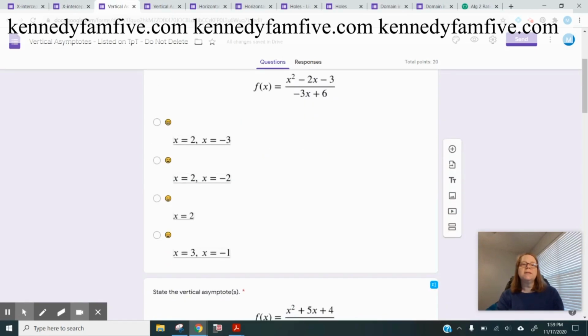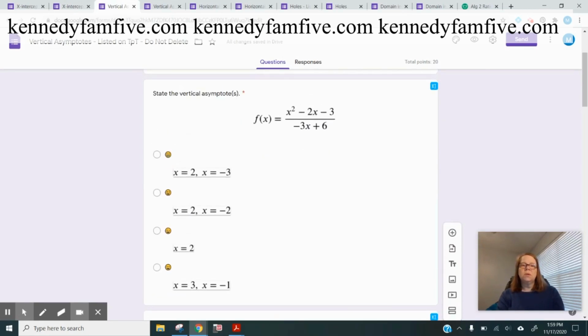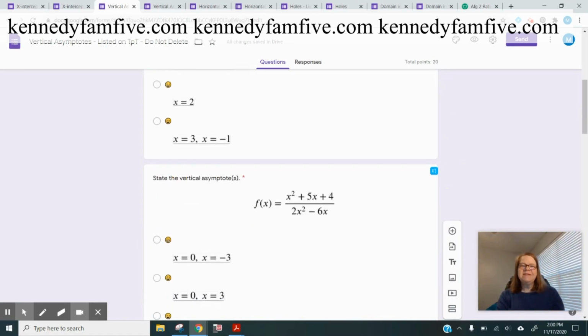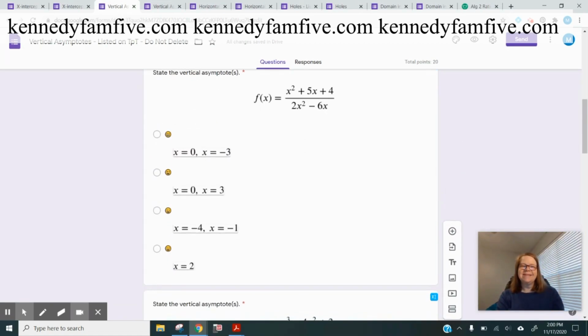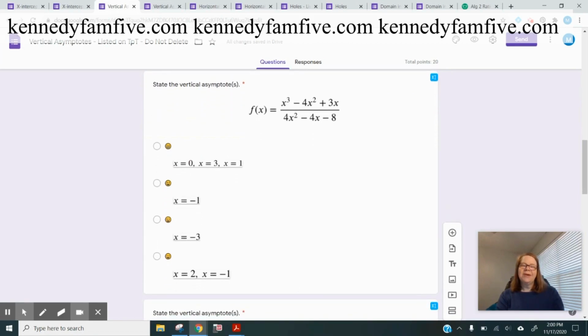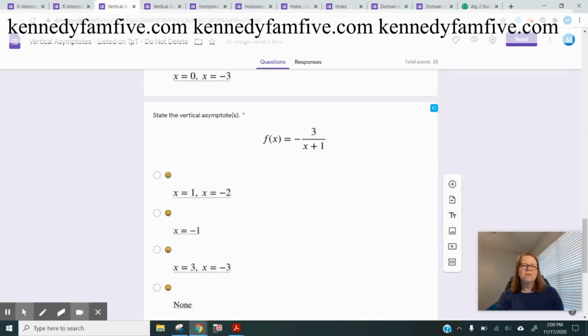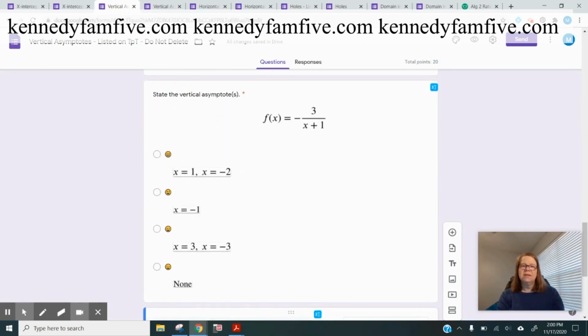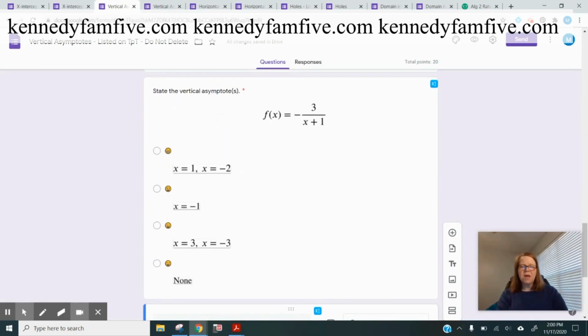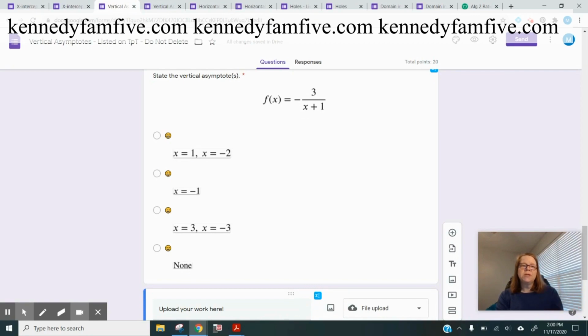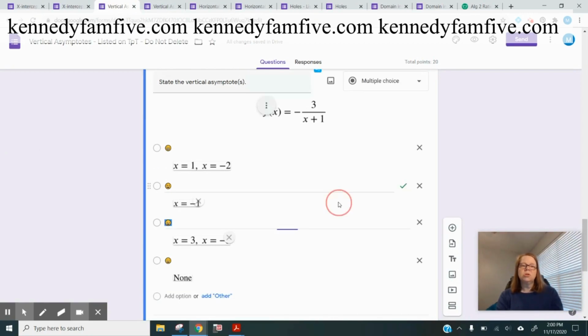All right, vertical asymptotes. So, some of these are more involved in finding that solution and then our answer. And then, some of them, one in particular, is just, do you know where that vertical asymptote comes from? And so, you can always add or delete question answers here.